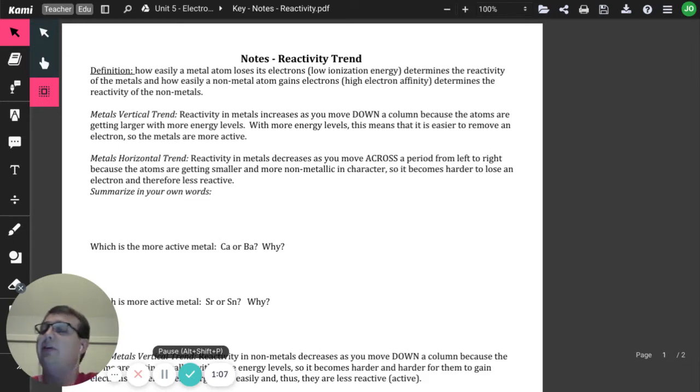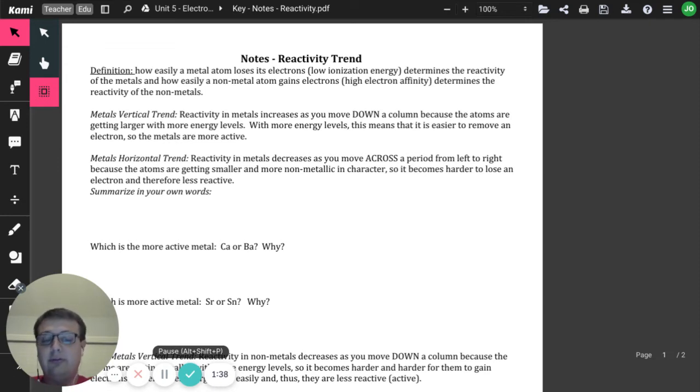Now, that's actually a trend that we're not going to teach you, but electron affinity is essentially how likely they are to attract or gain electrons. Okay, so we know that nonmetals tend to gain electrons. And so for this, really what you're looking at with nonmetals is you're looking at the greater ionization energy will make it more reactive.